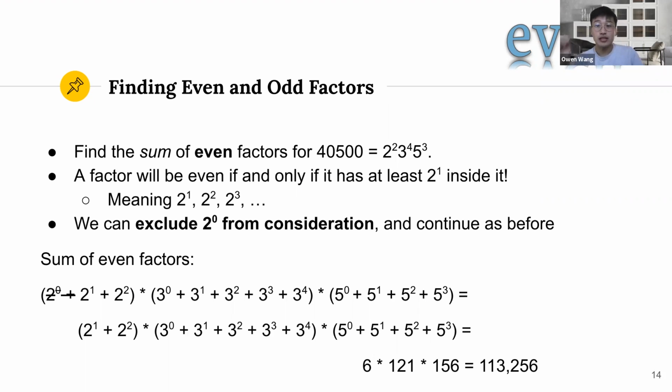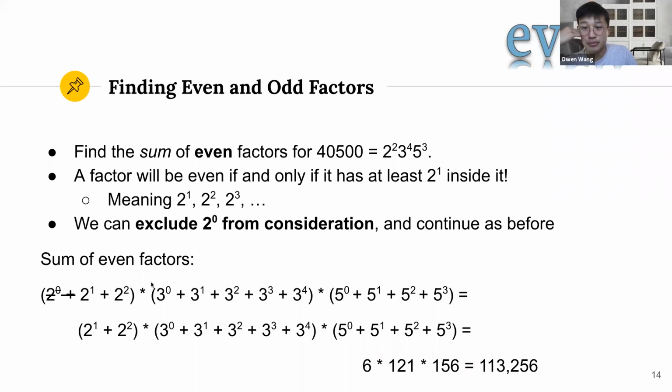So for example, one of the factors that comes out of this huge distribution, if you multiply it out and get a ton of little numbers to sum up, is 2 squared, 2 to the second power, times 3 to the 0 times 5 to the 1. And that gets us 4 times 1 times 5, that's 20.